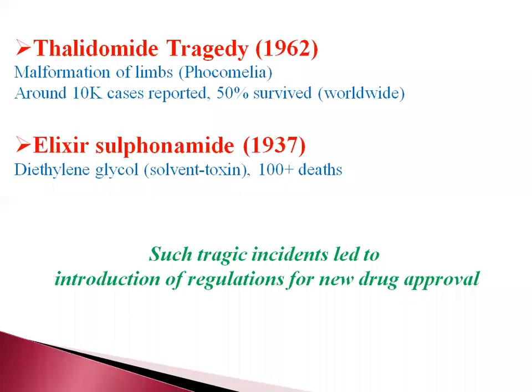After delivery, some children had no limbs, some had no ear, no finger. Around 10,000 plus cases were reported, and from that 50% survived. That means 50% deaths occurred because of thalidomide in 1962.